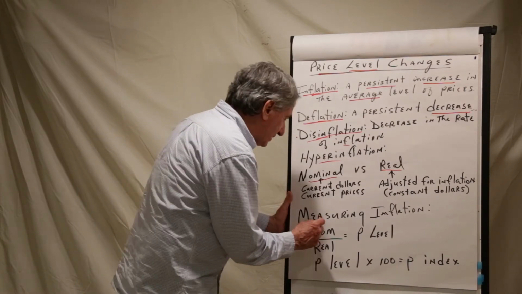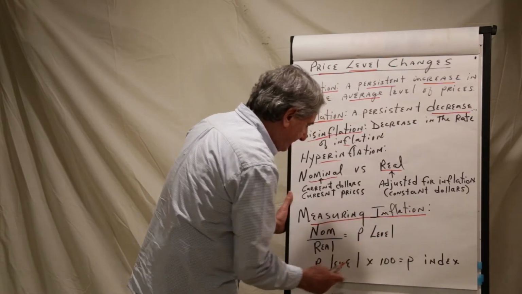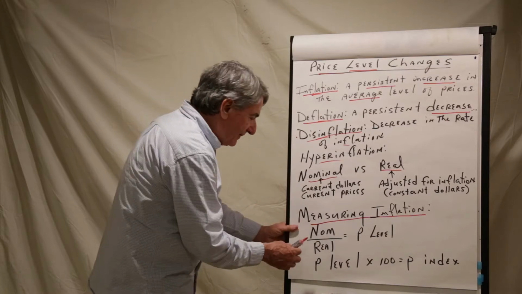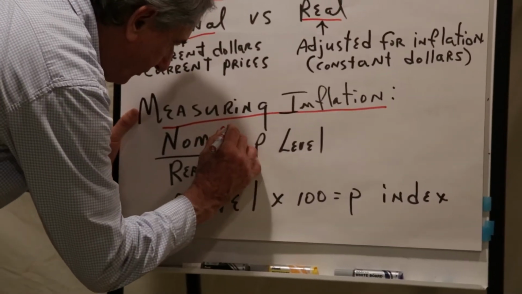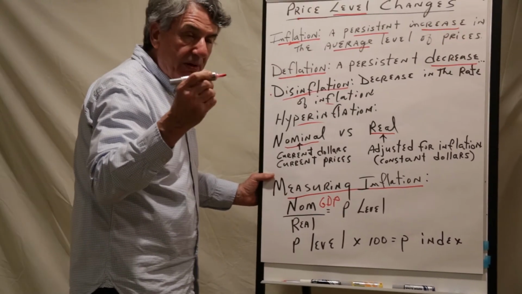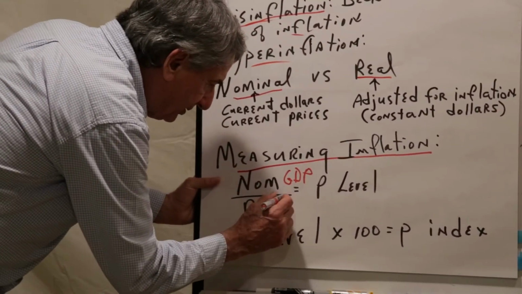So now the question is, how do we measure inflation? And the basic relationship is you take the nominal GDP, that's the current value of the goods purchased in current dollars, and you divide it by real GDP.